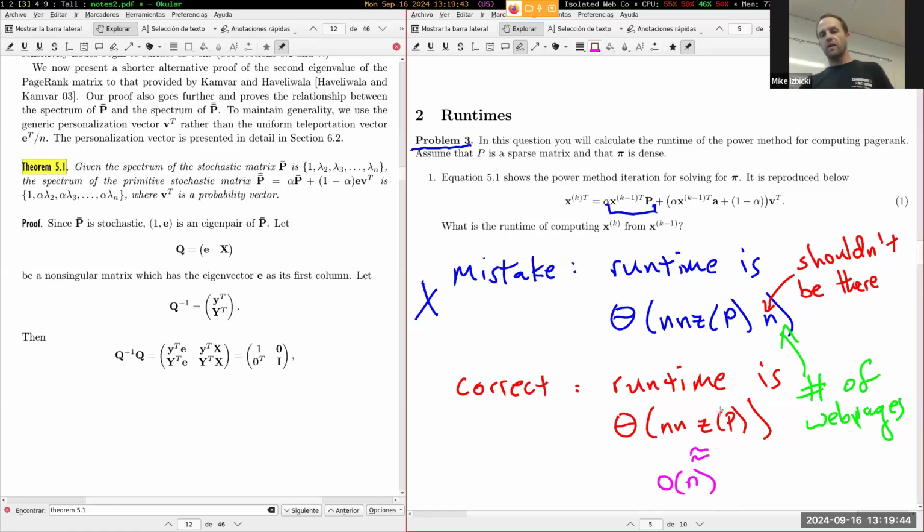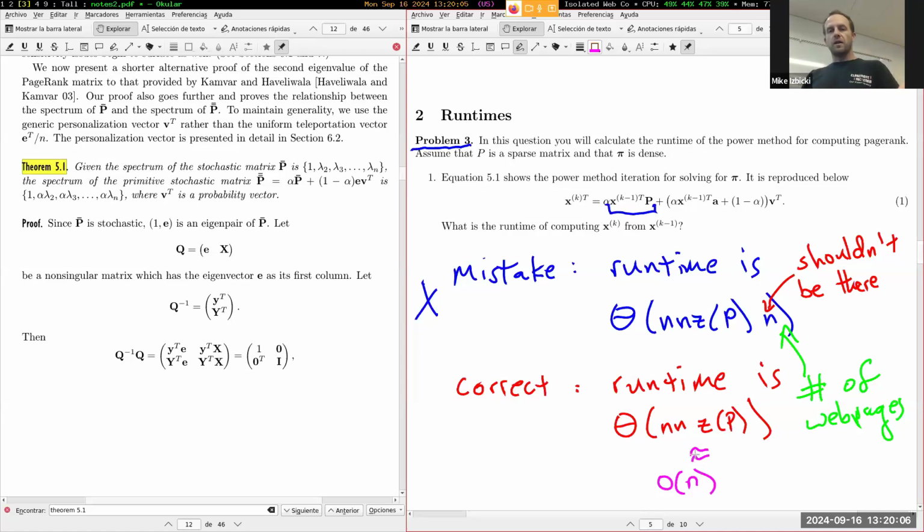And so this runtime down here is in fact linear. This runtime up here would be quadratic, since nnz of p gets replaced by n, and n times n is quadratic. So again, I made this mistake on the runtime of x times p. The mistake was that I included an extra factor of n. That factor of n should not be in there.